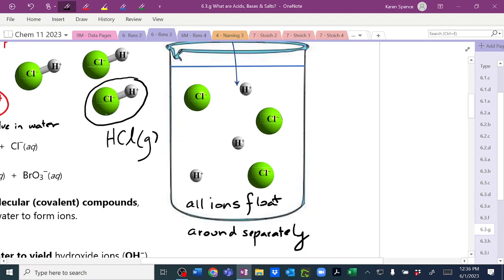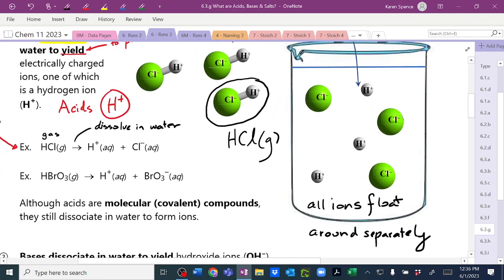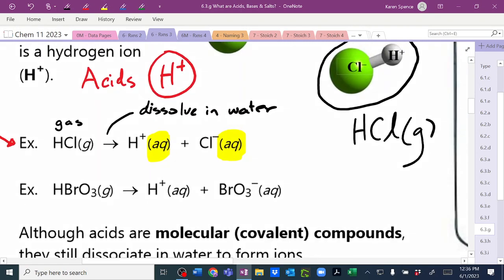So the H and the Cl start out being together in the little molecule, but when we put them into water, the ions separate, they dissociate. And because they are dissolved in water, their state is now aqueous. Okay, so they go from being gas to when they're dissolved in water, they are aqueous. And you can see they are ions. We have the plus charge and the minus charge.